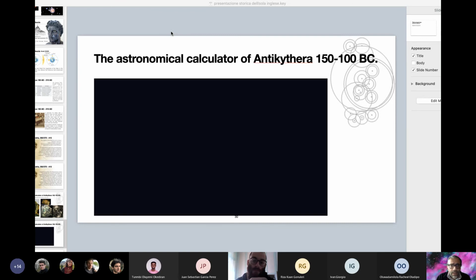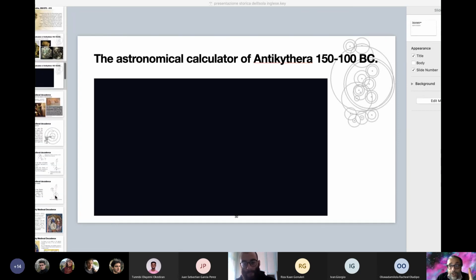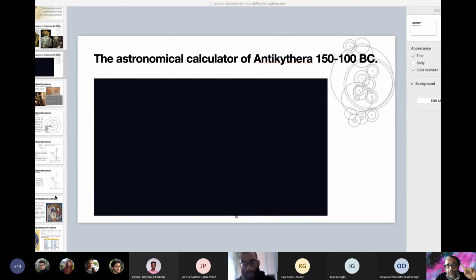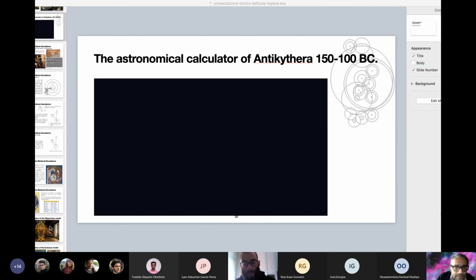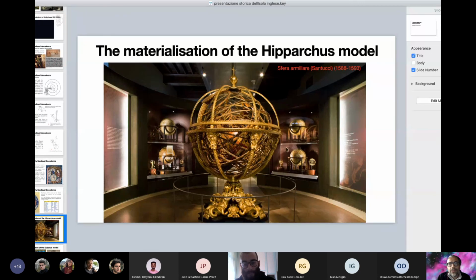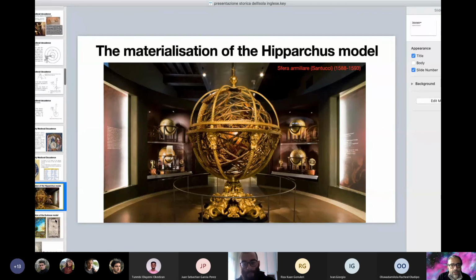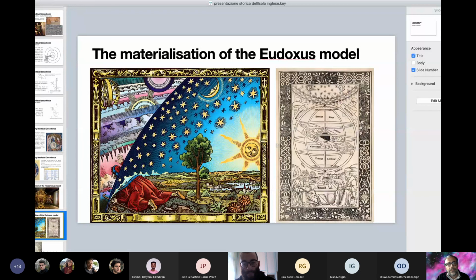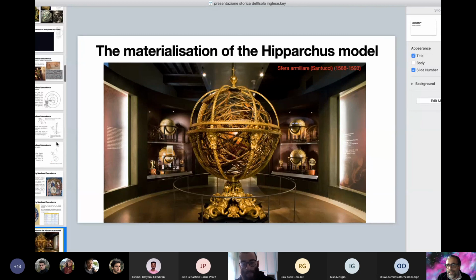So tomorrow we will see how the decline produced the materialization of not Aristarchus' model. You know, the Middle Ages materialized Eudoxus' wheels, the Eudoxus model. We will discuss this in greater detail tomorrow.